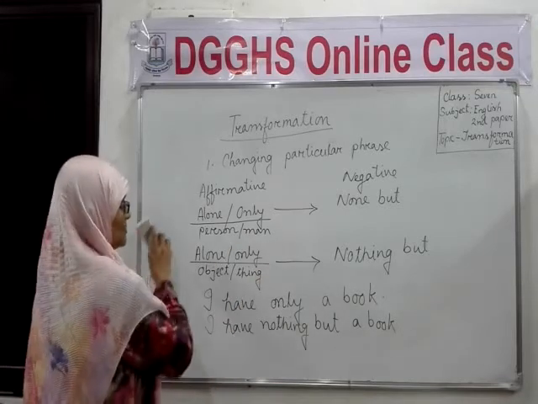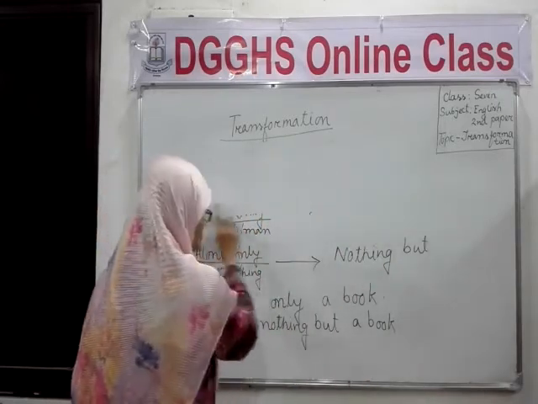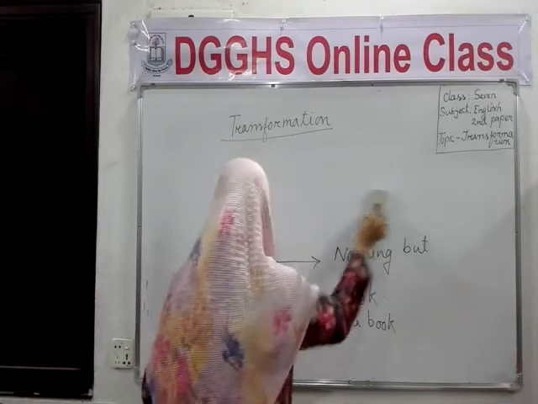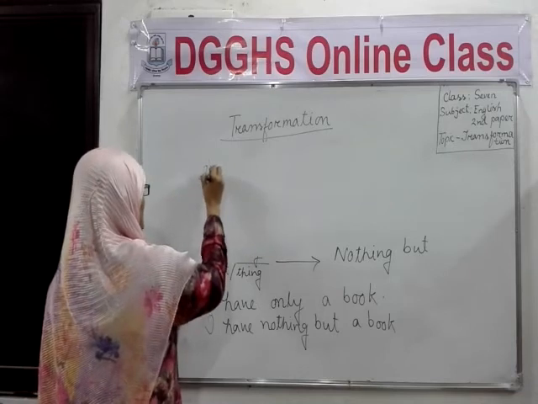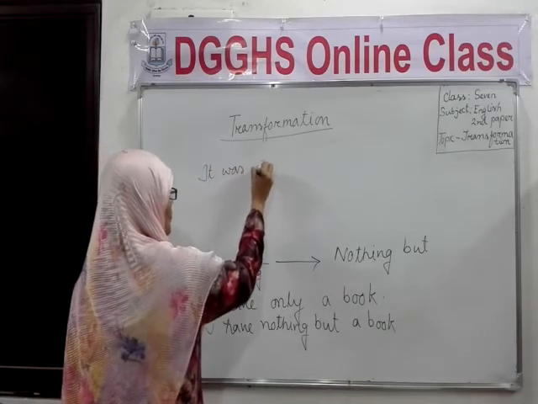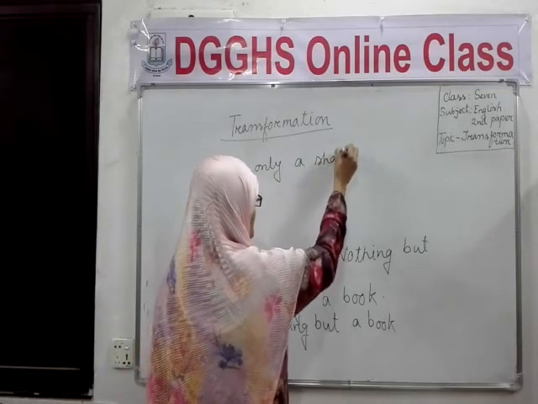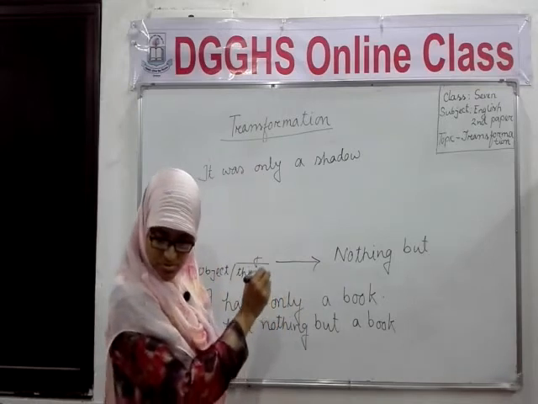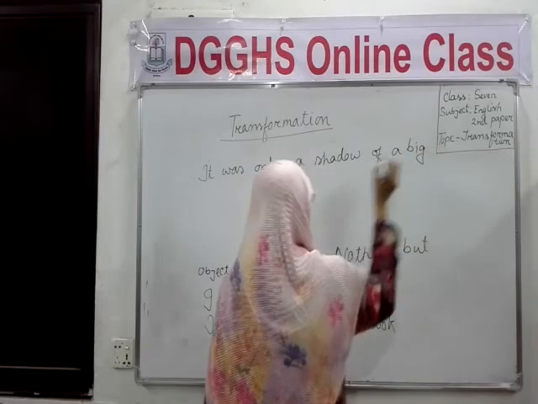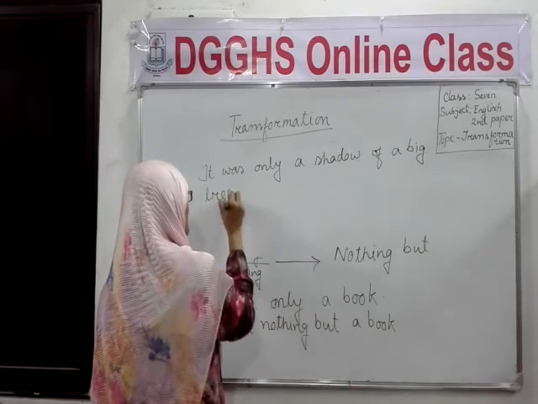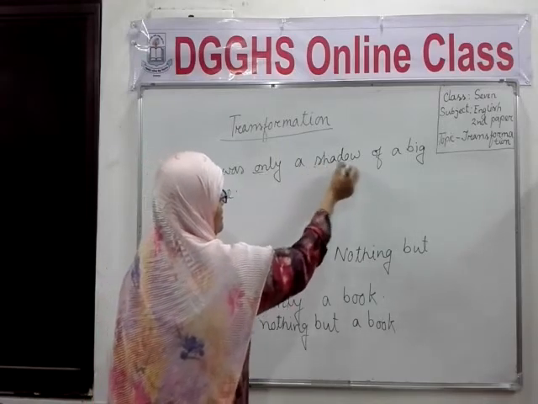Let me give another example. It was only a shadow of a big tree. So here only refers to a thing.